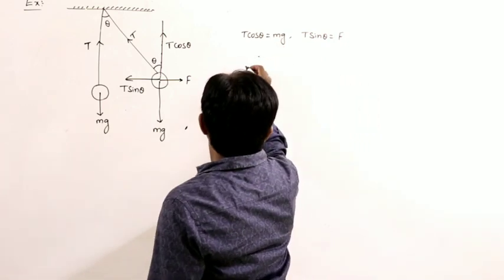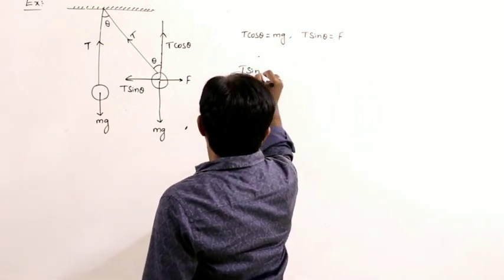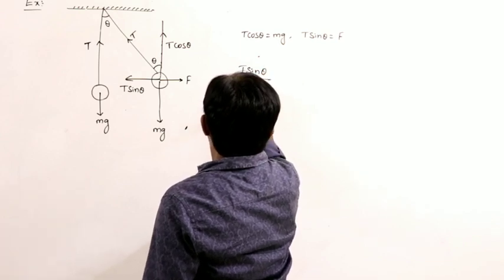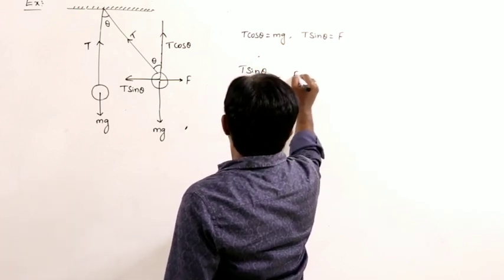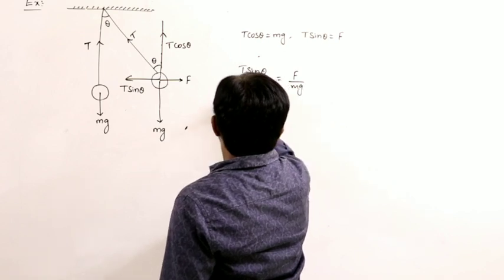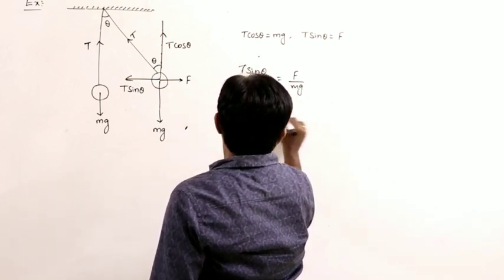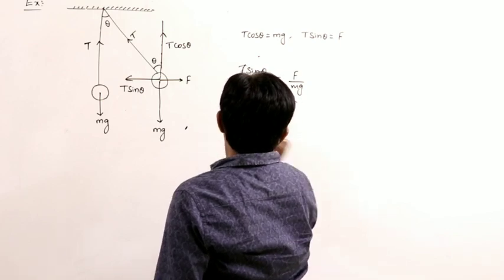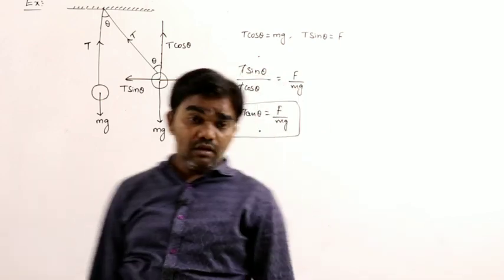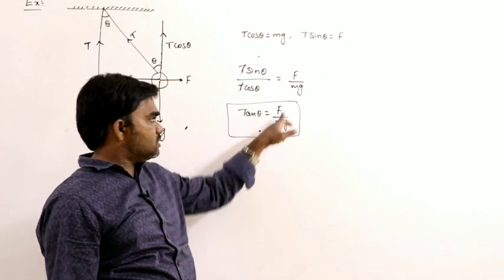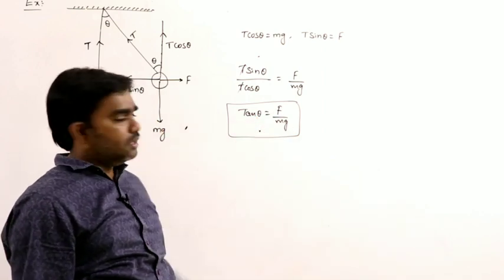Based on this, we can write T sin theta by T cos theta equals f by mg, so tan theta equals f by mg. If you know the value of theta and mass, we can calculate the force.